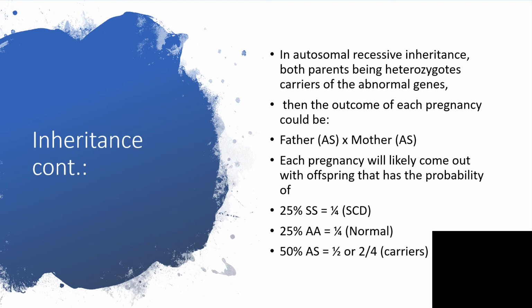In autosomal recessive inheritance, both parents will be heterozygous and they will be traits or carriers of the abnormal genes. Then, if they marry, that is, father is AS and the mother is AS, each pregnancy will likely come out with offspring that has the following probability.